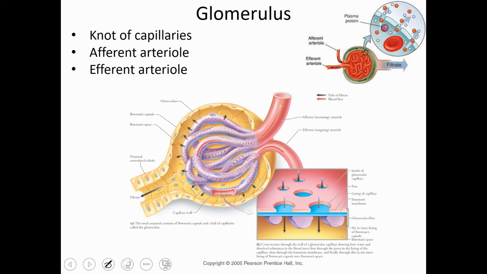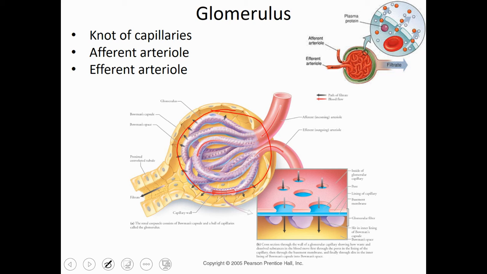So let's talk about the glomerulus, which is the most important thing for today's lecture. The glomerulus is this whole structure right in here. Okay, so that is a large clumping of capillaries. Now remember, capillaries is where we see gas exchange, nutrient exchange.